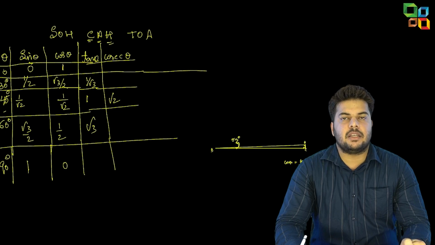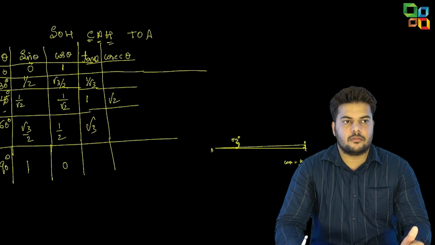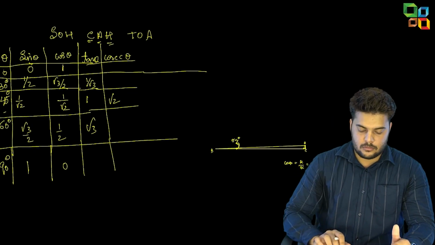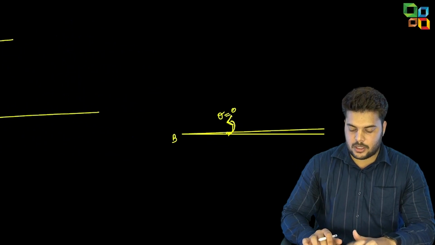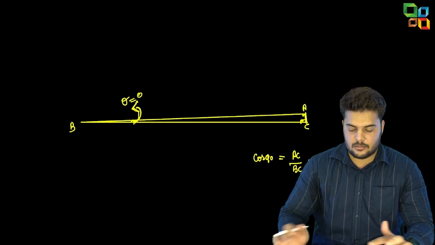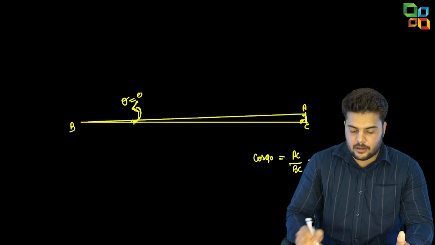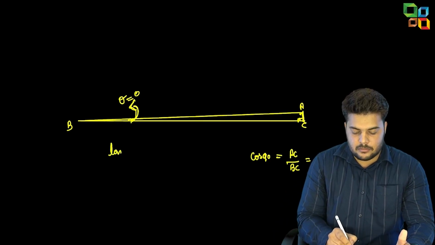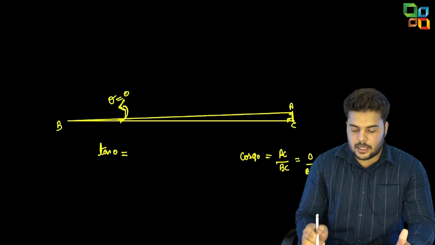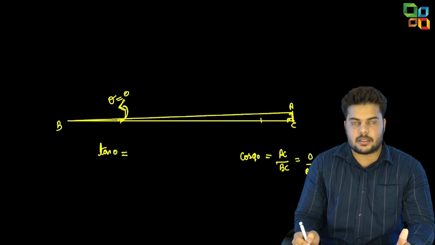Okay, what is tan 0? It is cot 90. You can do it right here. Tan 0 is the opposite side divided by the adjacent side.